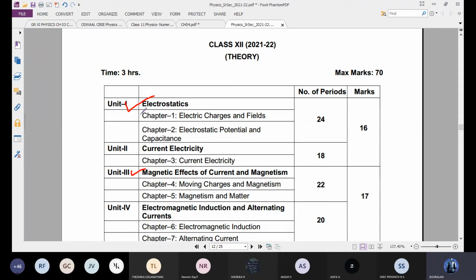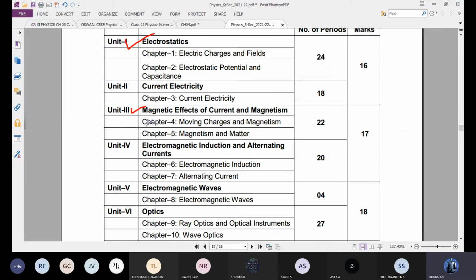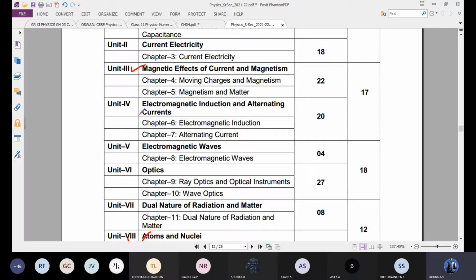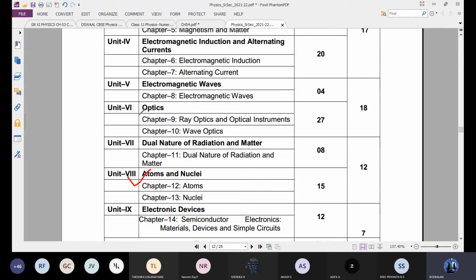First unit, chapter number 1, chapter number 2. Next unit 3, moving charges and magnetism and matter, unit 3. Next unit number 8, atom and nuclei.